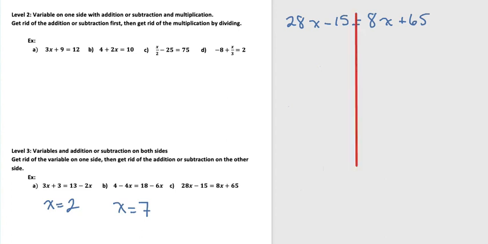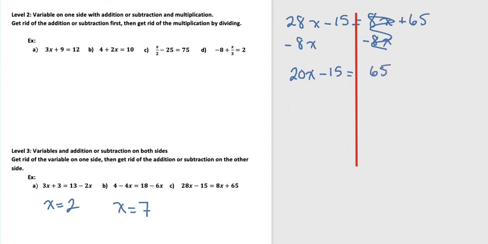First job, get x's on one side. So we need to get rid of the x's from one side. So this is a positive 8x, so we'll subtract 8x. If we subtract 8x from this side, we have to subtract 8x from this side. 28x minus 8x leaves us with 20x minus 15 equals, these go away, 65.